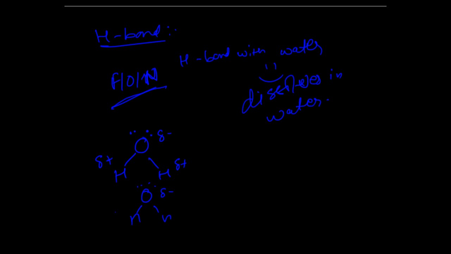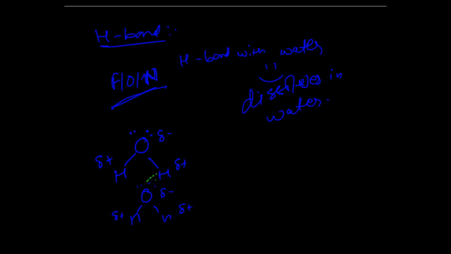The same is the case for the lower oxygen and lower hydrogen. Now I have told you that hydrogen forms hydrogen bond with either O, N, or F. So hydrogen bond is formed in this case. The upper hydrogen forms a bond with this oxygen.